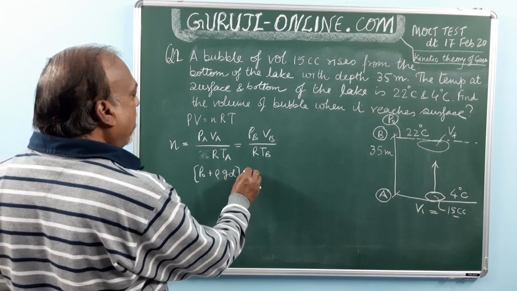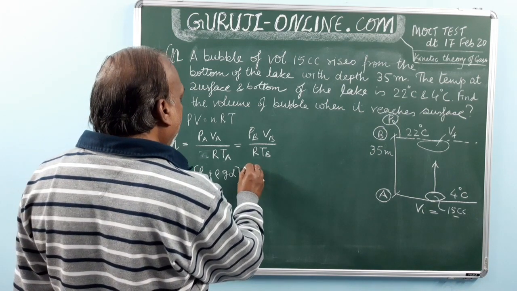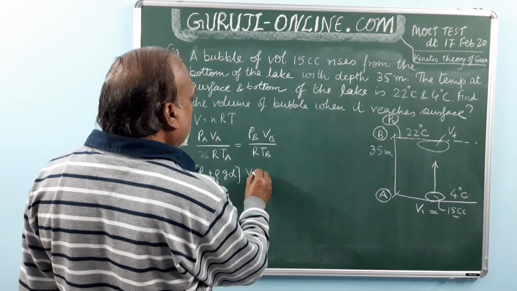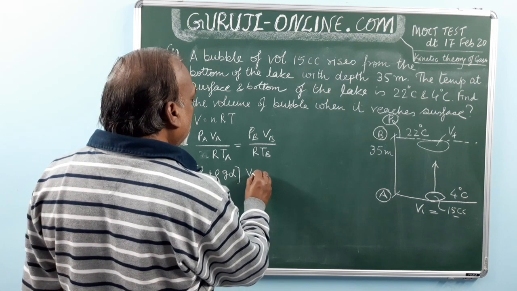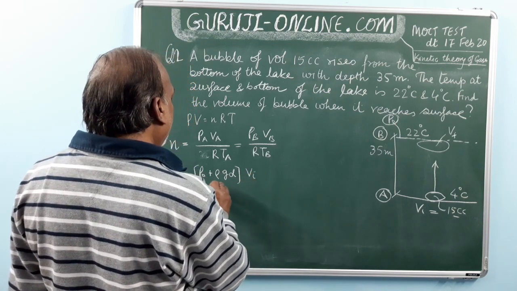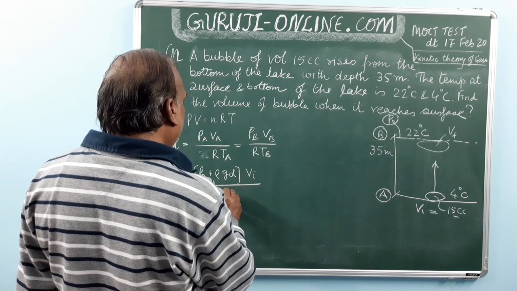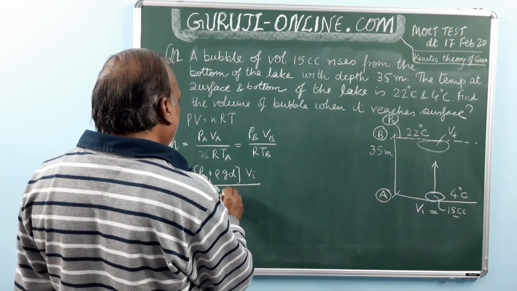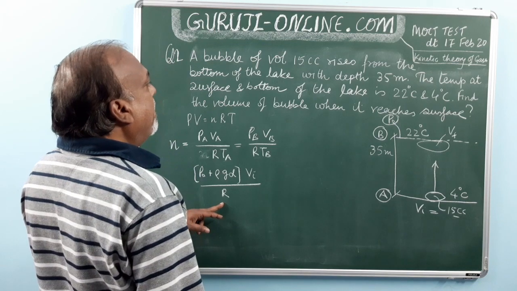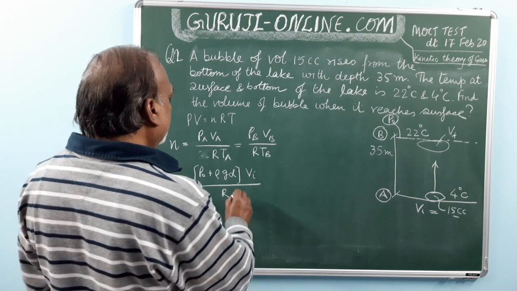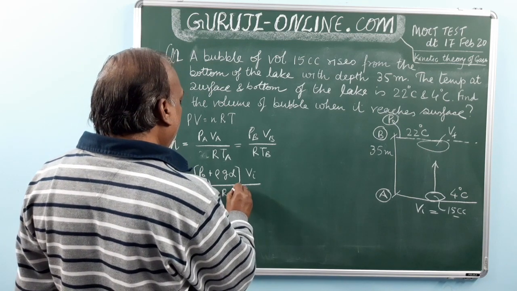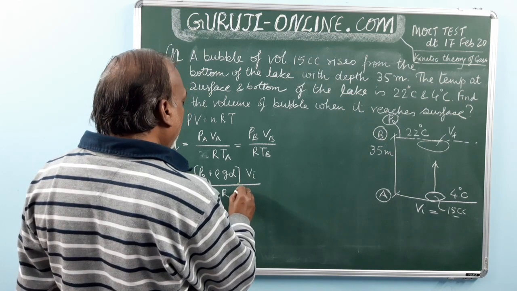VA we know, this is the initial volume, and this is R into TA. TA we know, that is 4 degrees centigrade.